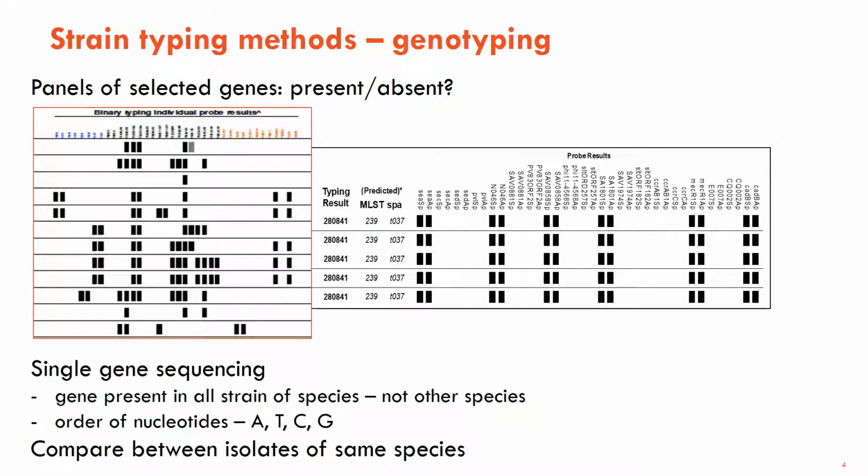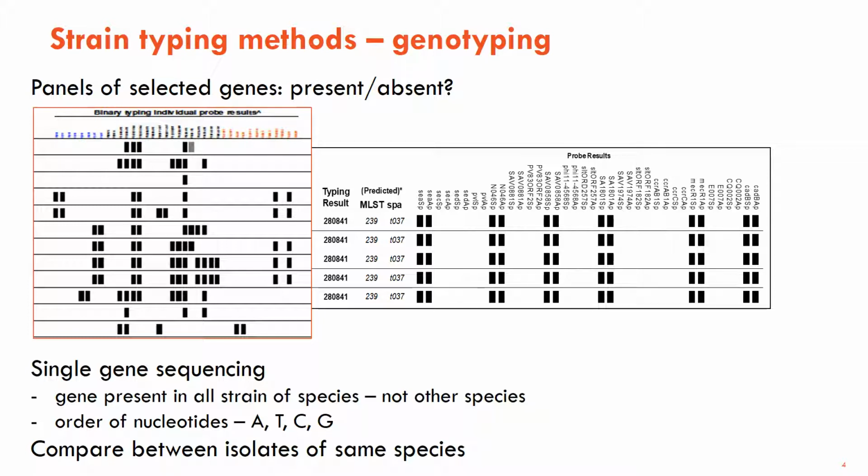An alternative method of strain typing is to choose a single gene which is present in all strains of the species that we're investigating, but not in other species. And these genes can vary from one strain to another without changing the function of the gene. By sequencing that gene from each of these strains, that is, we show the order of the DNA building blocks or nucleotides, which are designated as A, T, C and G, we can compare the sequence of nucleotides in different strains.